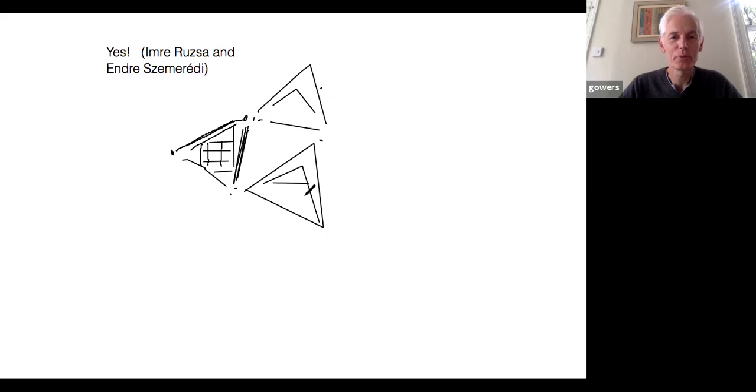Now, actually, that's quite an important hypergraph for this story, because let's consider the following situation. So take in a graph a maximal edge disjoint set of triangles.